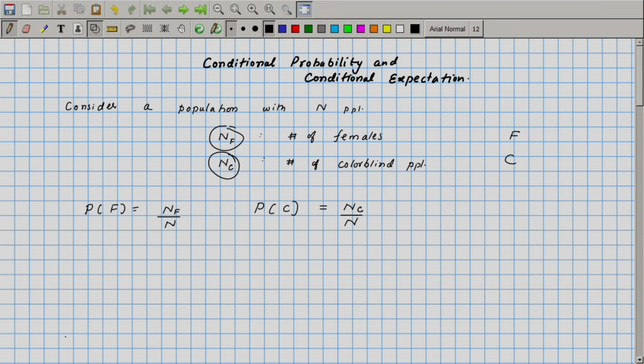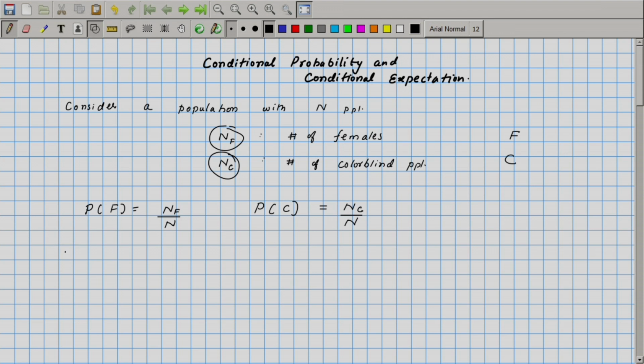Now, when we talk about conditional probability, what we are interested in is the event that the person is color blind. There is a conditioning on a particular event. So, let us just say, suppose we are told that the randomly chosen person is a female. Now, what is the probability that the person was color blind?